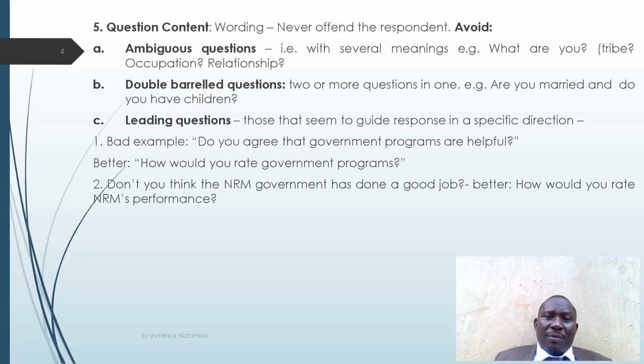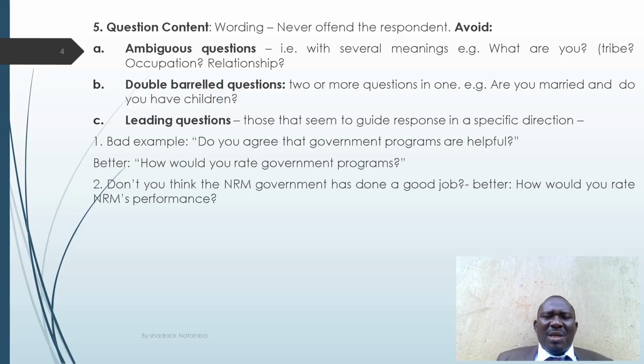Third, among the issues you should avoid is leading questions. These seem to be guiding the response in a specific direction. So you want to avoid any question that will lead the respondent in a certain direction. These are bad examples I've stated here. Do you agree that government programs are helpful?